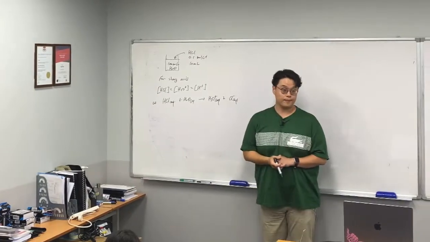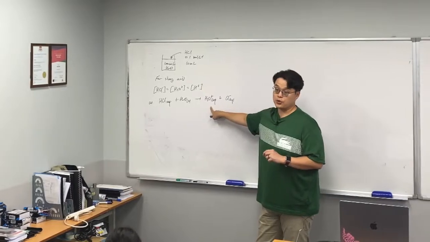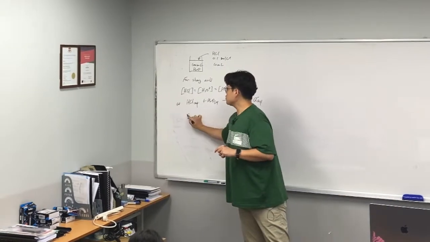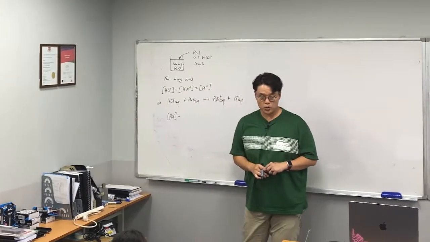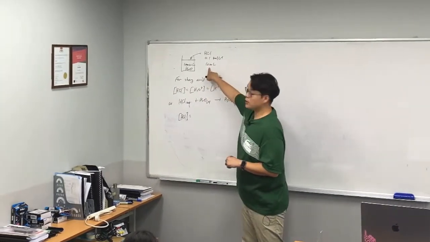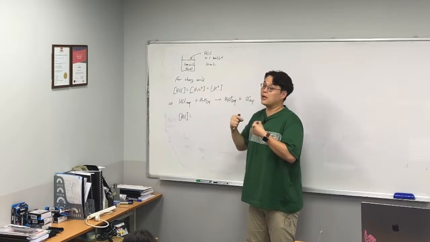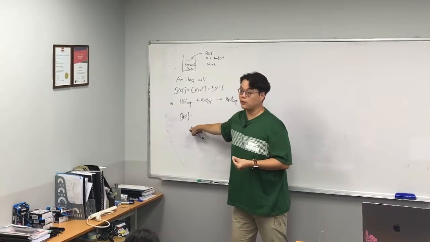If I have 1 mole of that, you have 1 mole produced for the strong acid. Does that make sense? So we need to find a new concentration of hydrochloric acid, since we are diluting it. We put 10 mL into 100 mL, so you have to find a new concentration using the dilution calculation.